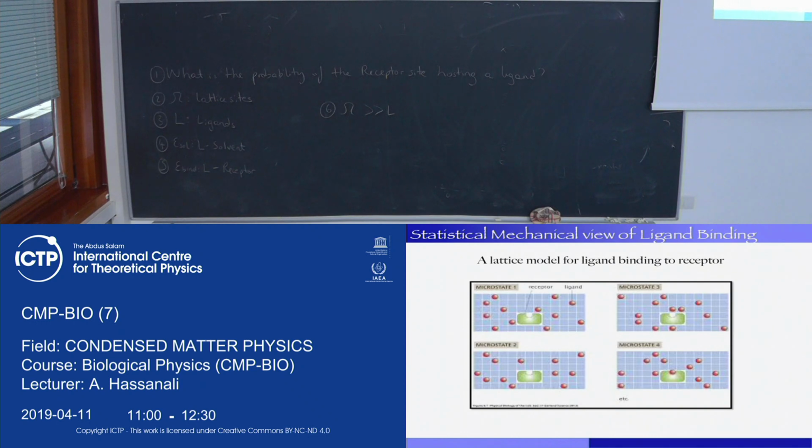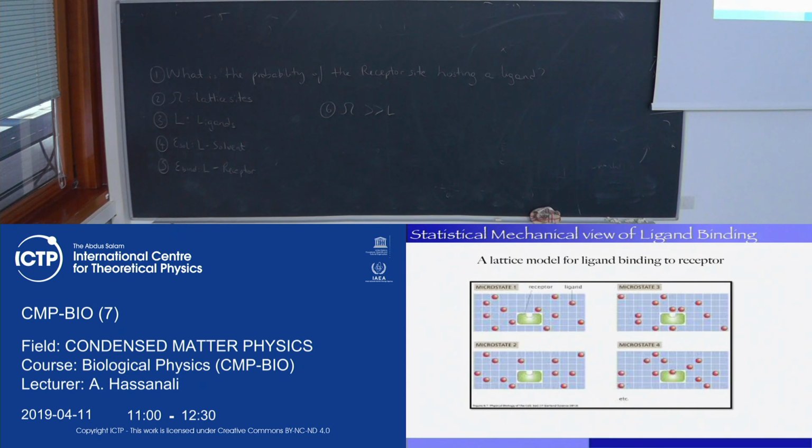Like, the sum altogether would be... Well, remember that they have different energies. It looks like you've separated it out here. But this is when one site is occupied, the receptor site.